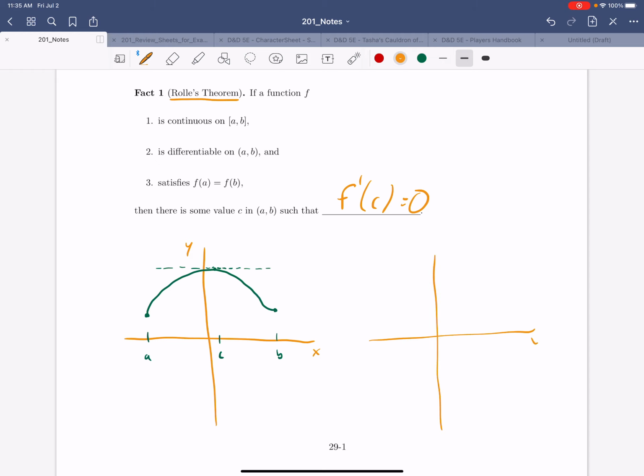I suppose it could have been the other way too, right? Maybe if we had a function, and this is A and this is B, and the function went down or whatever. Still, you have some point, maybe it's right there, where the derivative is 0. Okay?